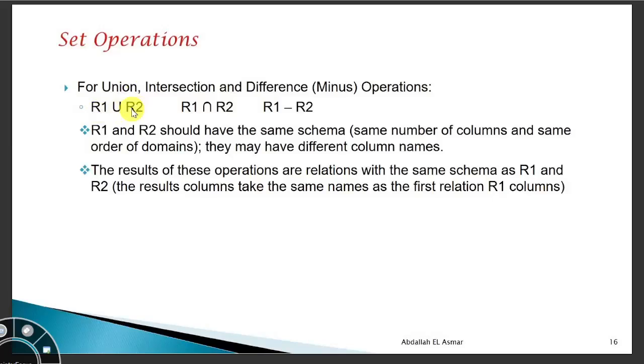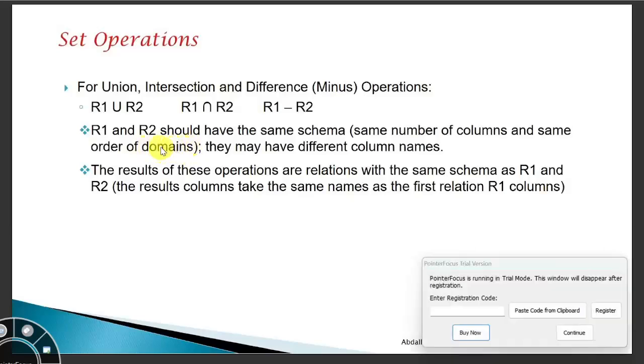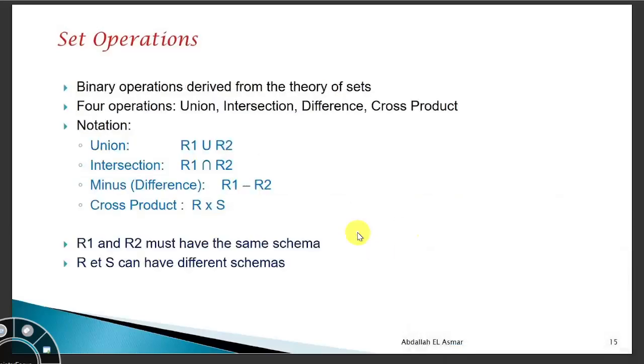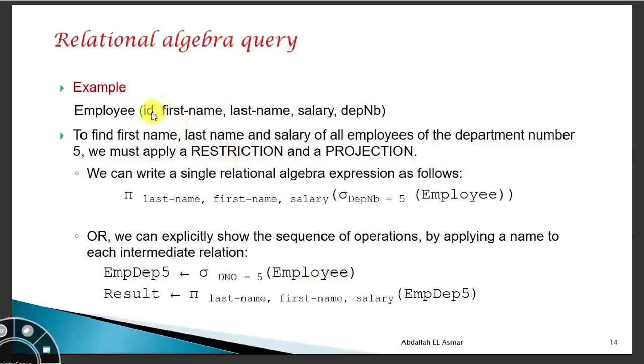So R1 union R2, R1 intersection R2, R1 minus R2. Here R1 and R2 should have the same schema, the same number of columns, 3 and 3 for example, and the same order of domains. Domains means data types. For example, number, varchar, varchar, number, number.